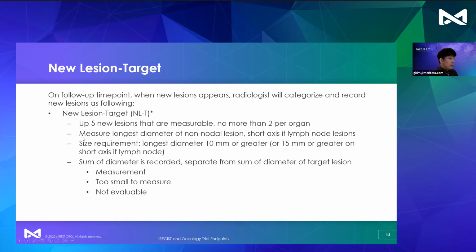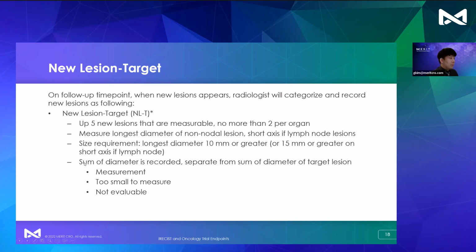The longest diameter is used for non-nodal lesions, and the short axis for lymph node lesions. That's very similar to how target lesions behave at baseline. The size requirements also stay the same: a longest diameter of 10 millimeters or greater, and for nodal lesions, 15 millimeters or greater on the short axis.